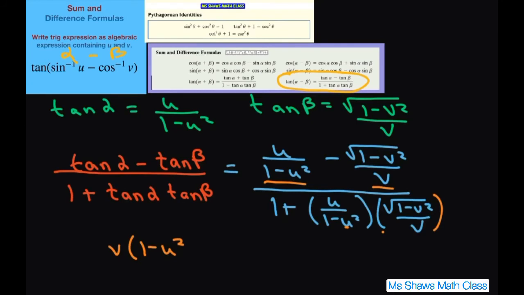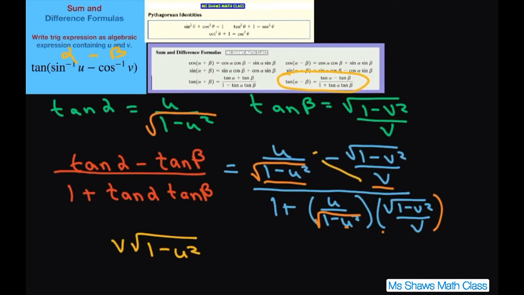It should be square root, by the way. Sorry about that. I'm going to write this on the next slide because I'm running out of room. Just know that your common denominator is going to be v times the square root of 1 minus u squared.